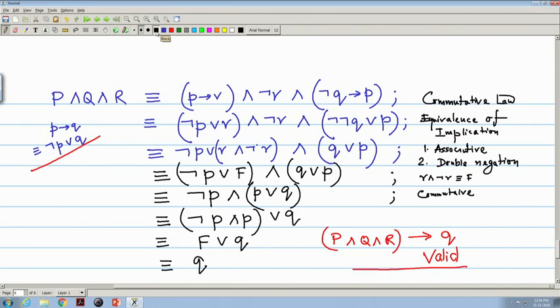Now, if we remember the definition of tautology, the truth value of the compound proposition should always be true.